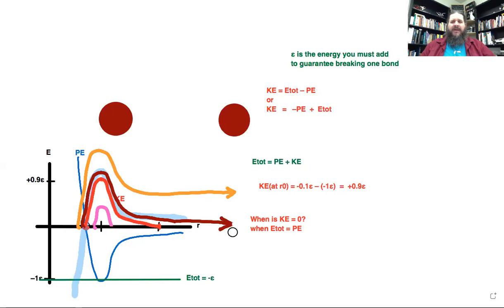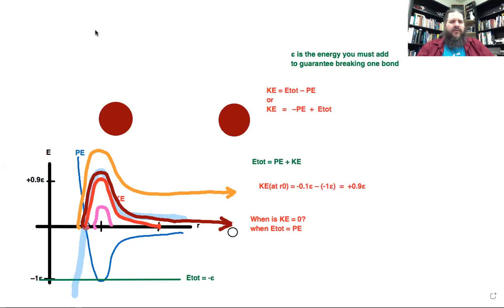If you can figure out how many bonds there are in a system, you can just multiply that by epsilon, and that'll tell you how much energy you need to add to break all the bonds. Any questions on that so far? Yeah, I think this is probably one of the best ways to think about epsilon. Epsilon is the energy you have to add to guarantee breaking one bond, one pair of particles.